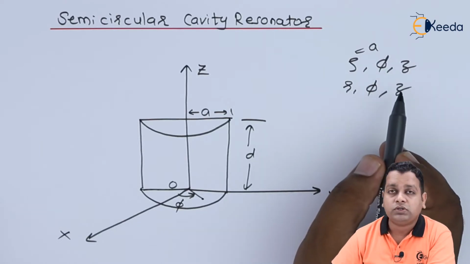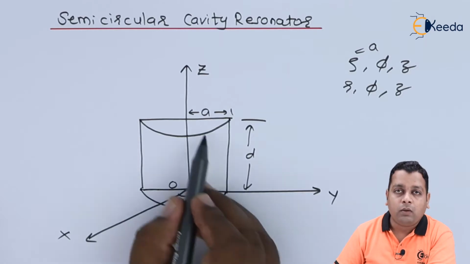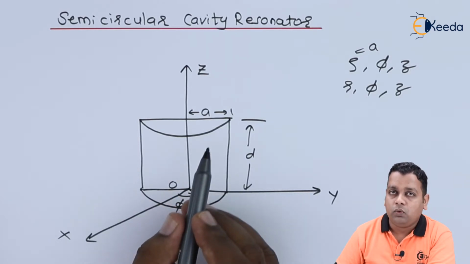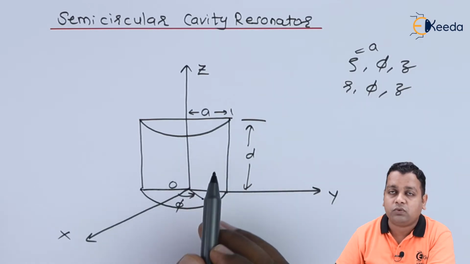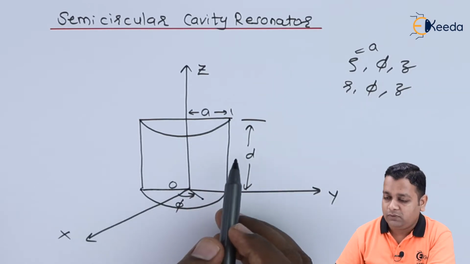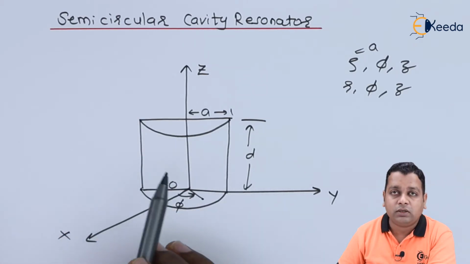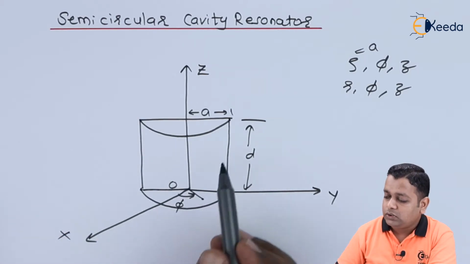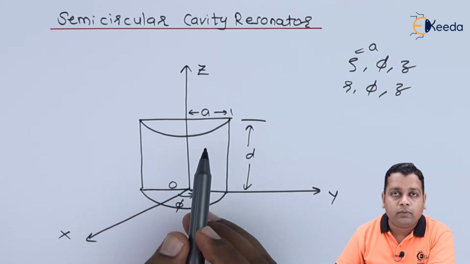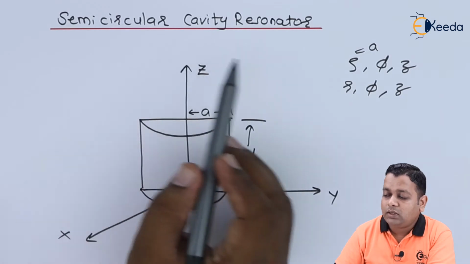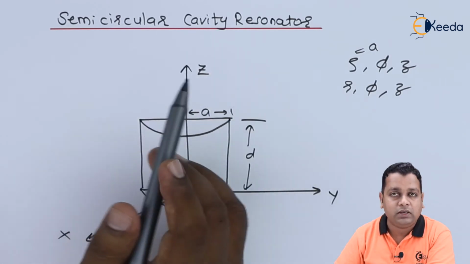If z is positive, we can say that the point is located above the origin, and when it is negative, it is downwards with respect to the position of the origin. So this is the semicircular cavity resonator. It is very distinctly seen that half of the circular cavity resonator is nothing but the semicircular cavity resonator.